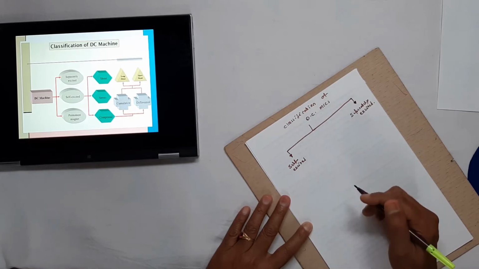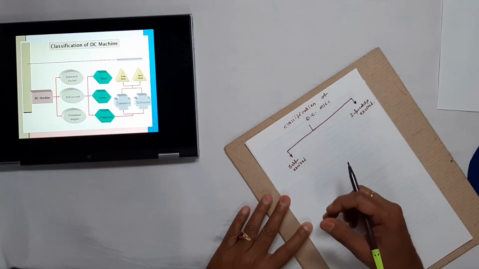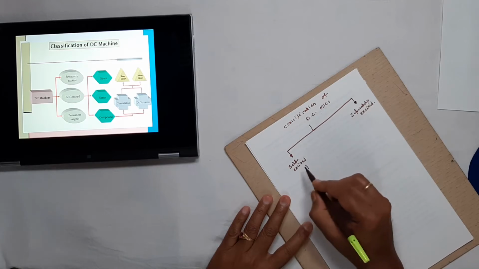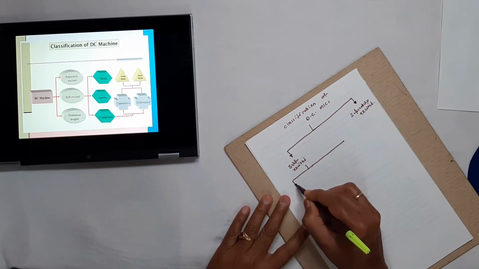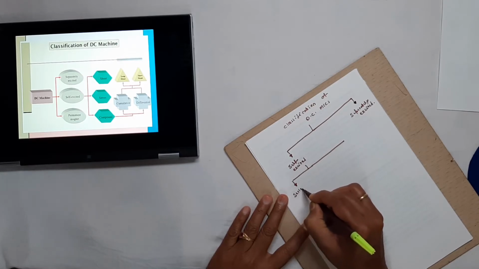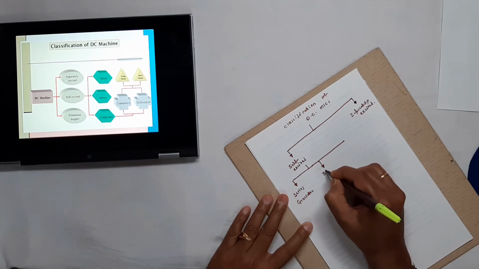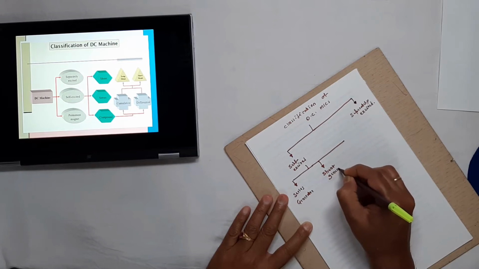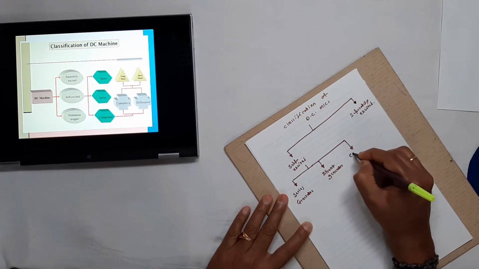In the self-excited generator, part of the electrical energy generated is used for exciting the field, that is why it is called self-excited. Under self-excited, it is broadly classified into three types. One is called a series generator, the second one is called a shunt generator, the third one is called a compound generator.